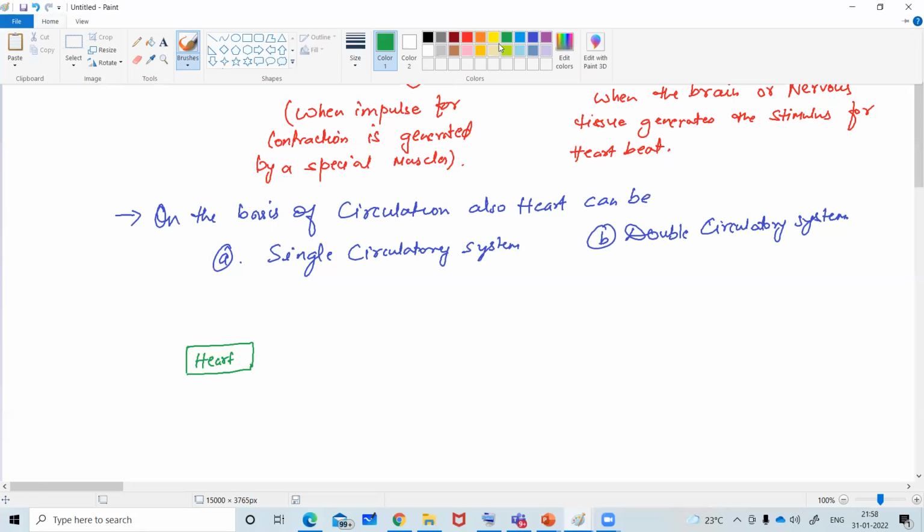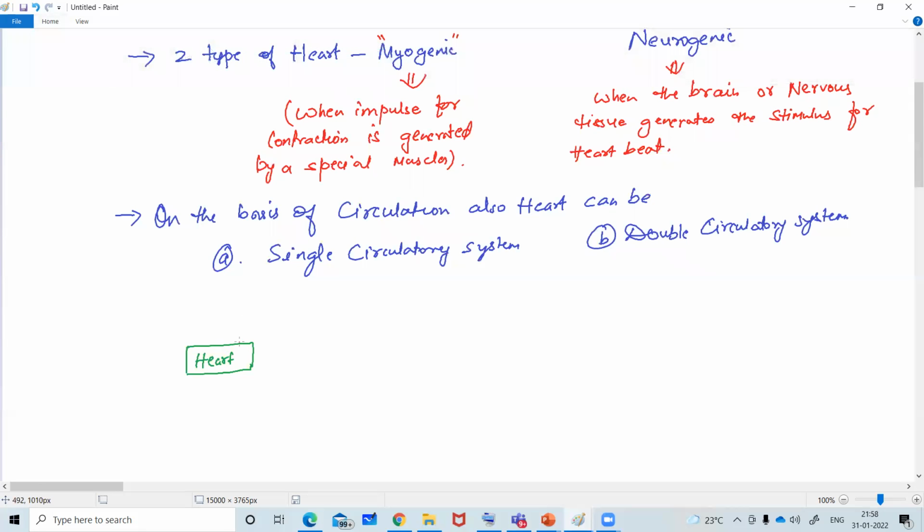From the heart the blood is coming out into the body, and then from the body it goes back to the heart. One way going and then coming back. This kind of circulation is called single circulatory system.